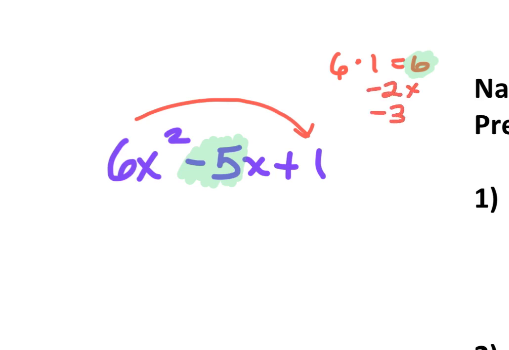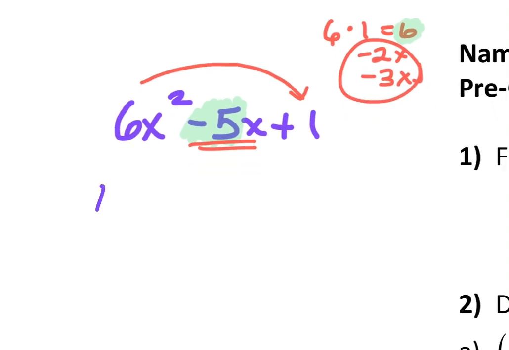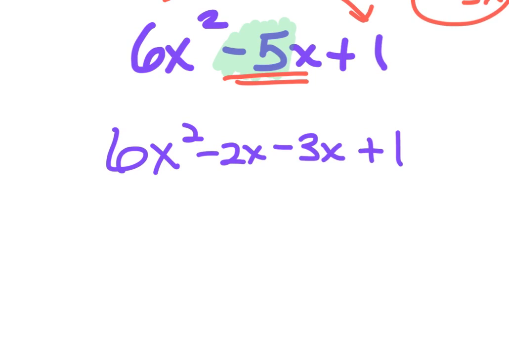And I'm going to just put x's with both of those. I'm going to take those two things and replace the negative 5 with those two things. So now I've got 6x squared minus 2x minus 3x, and then bring down the plus 1. Now I'm going to factor this using grouping. And remember that grouping means that I'm looking at two terms at a time and taking out a GCF from each pair of terms.